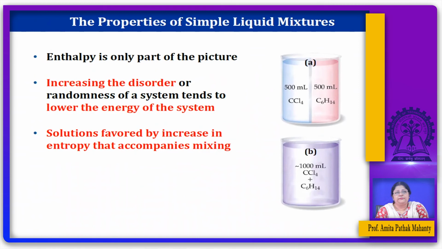Why should it be different for two types of liquids, immiscible or miscible? That will be decided by delta H of the solution in the final end product, right? Are you with me?